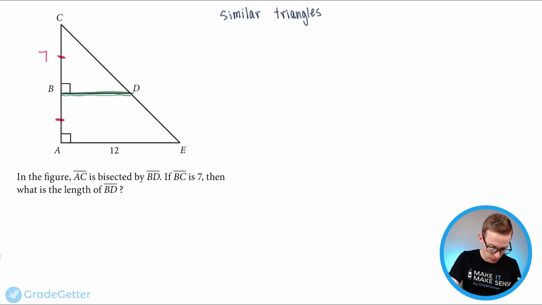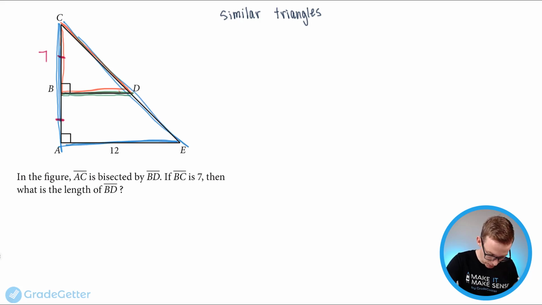Our first triangle is going to be CBD, right? This orange triangle here, and then our second triangle, let's see, what color should I use? I guess I'll use a light blue, is going to be CAE. So this blue triangle here.